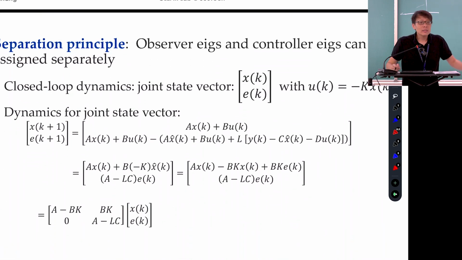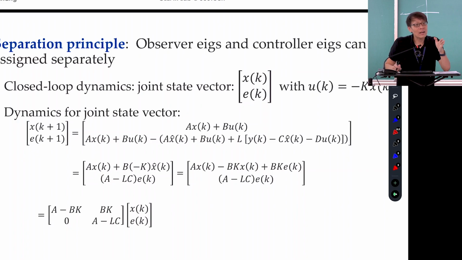That is, I can design my observer without thinking about my controller, and I can design my controller without thinking about my observer, in the sense that I place the poles of the closed loop control system and just assume I have the full state, although I don't.